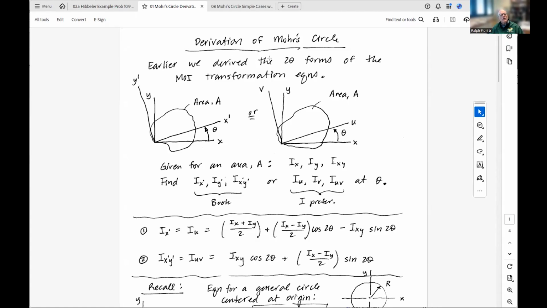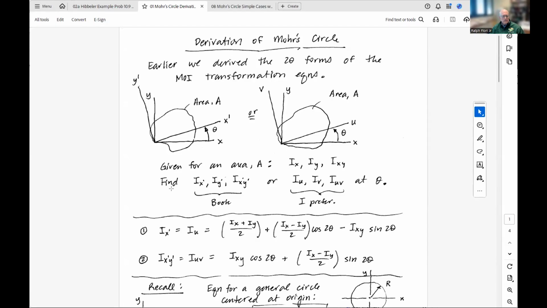Earlier, we derived the 2 theta forms of the area moment of inertia transformation equations. Basically, if we are given for an area Ix, Iy, and Ixy, then we seek I about a set of axes that are rotated some theta from the XY set of axes.